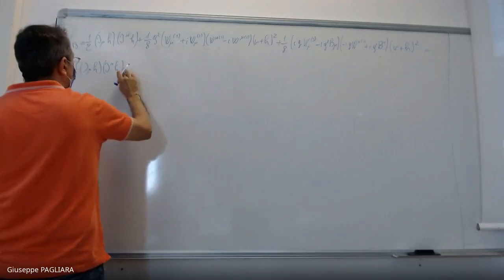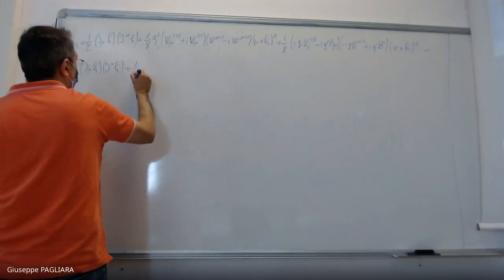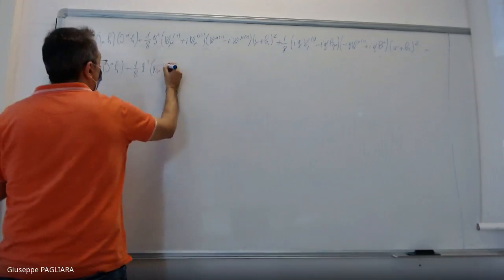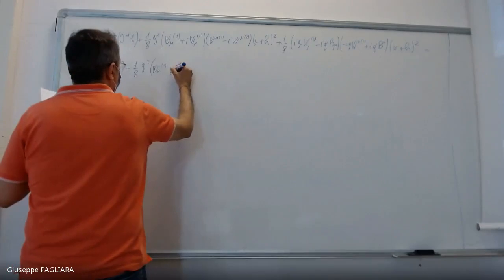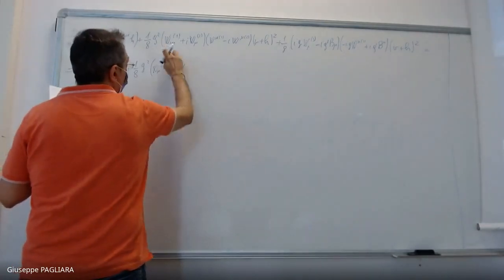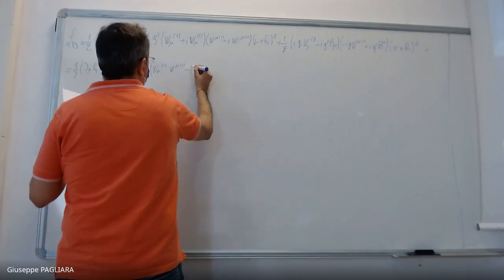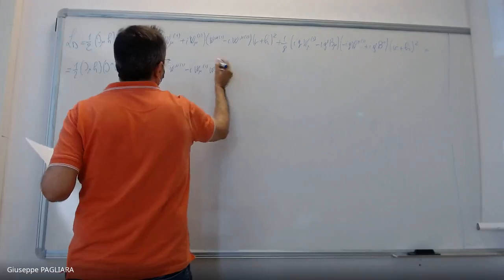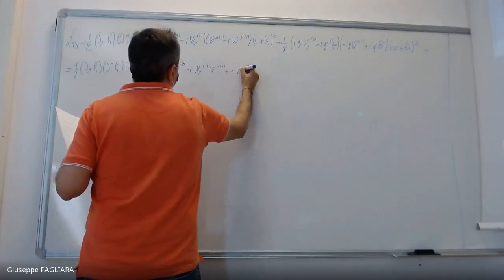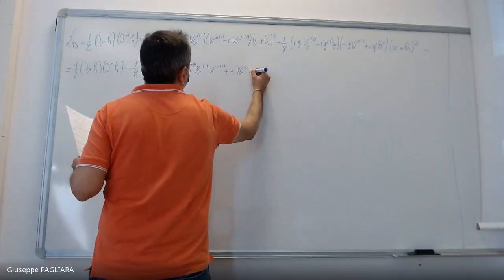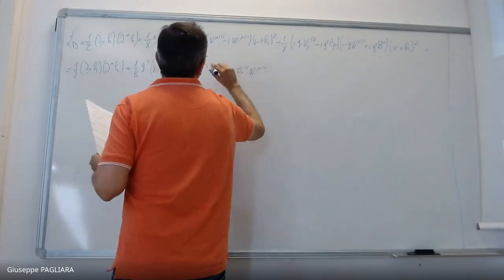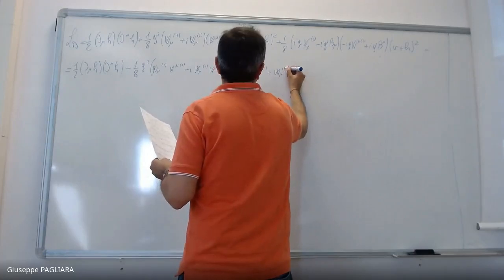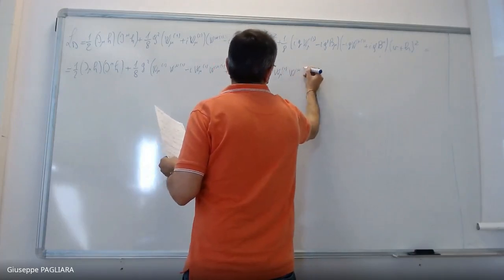So we have plus 1/8 g squared, and here we have W^μ_1 times W_1μ, this and this, minus 5 W^μ_1 W_2μ plus 5 W^μ_2 W_1μ, and then plus W^μ_2 W_2μ.